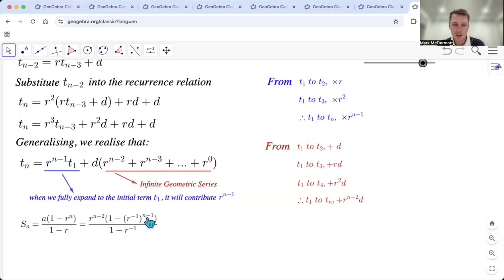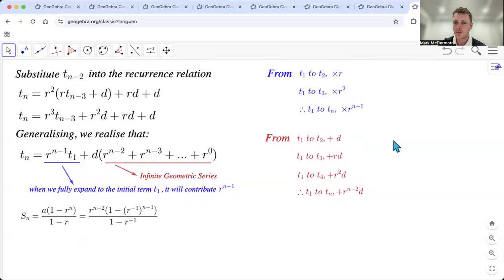And then we're raising that all to the power of n minus 1 because there are n minus 1 terms in the geometric series. Then you divide by 1 minus the common ratio, which is R to the negative 1.